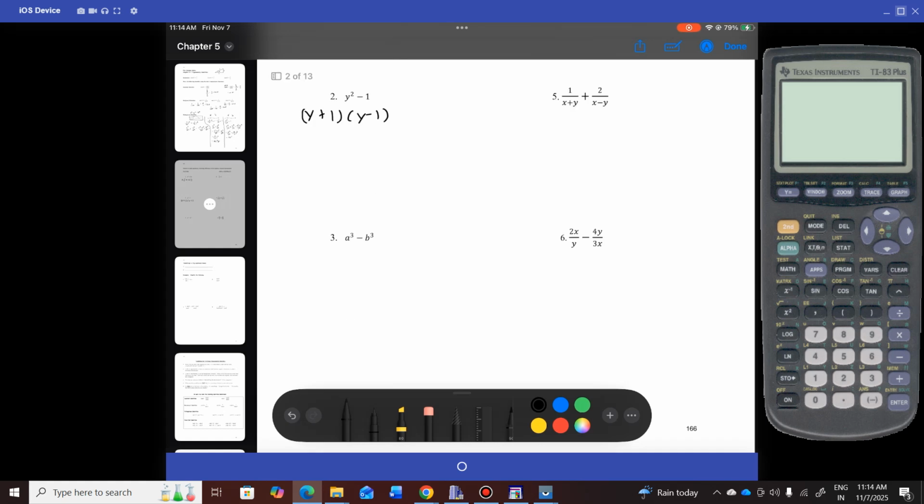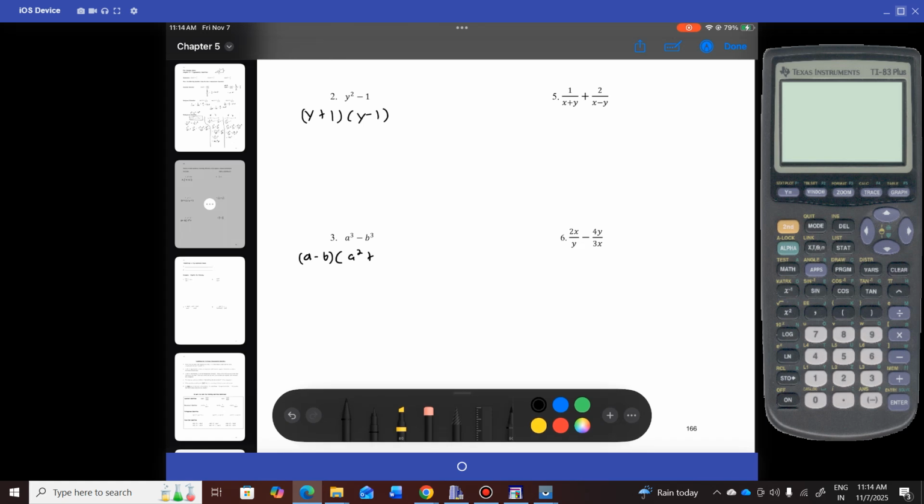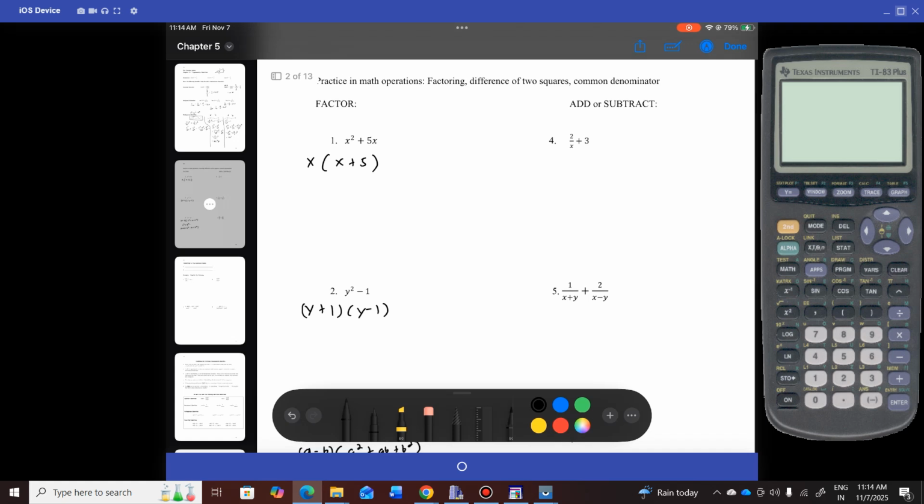Or even difference of two cubes, which is going to be a minus b times a squared plus ab plus b squared. And then also a cubed plus b cubed. It's going to be a plus b times a squared minus ab plus b squared. Right, so factoring is common that you have to do.